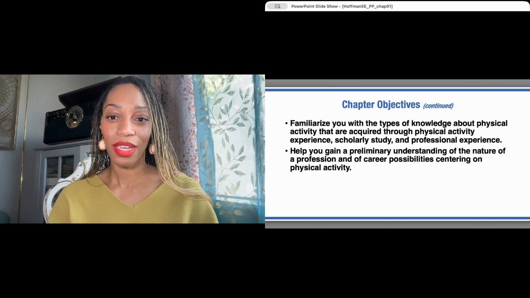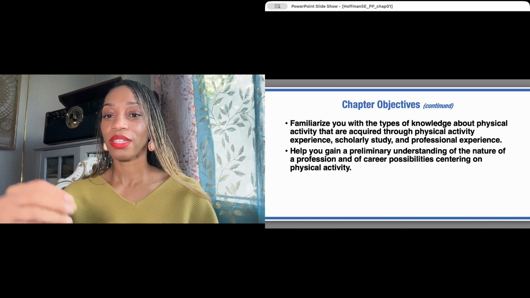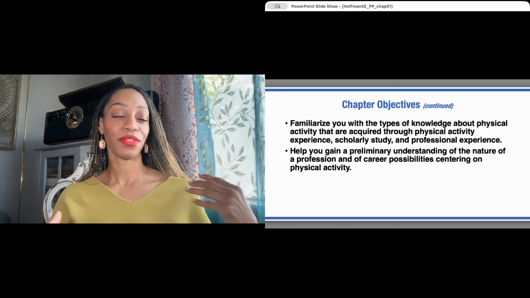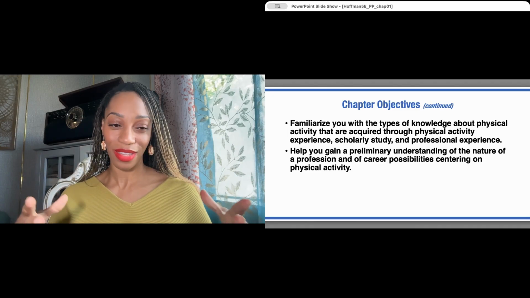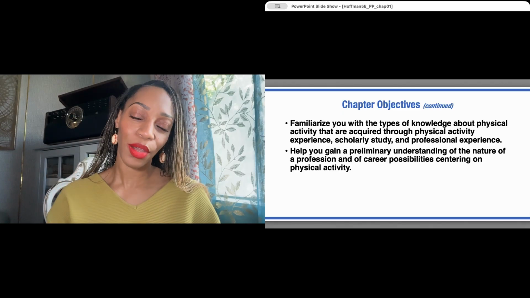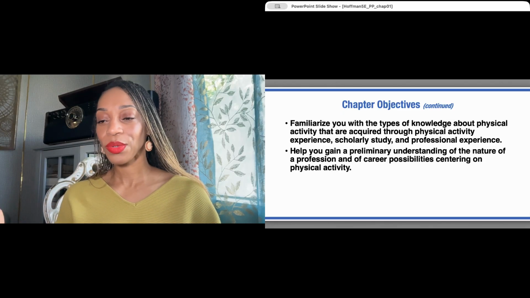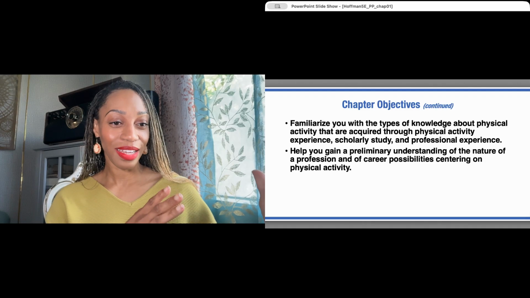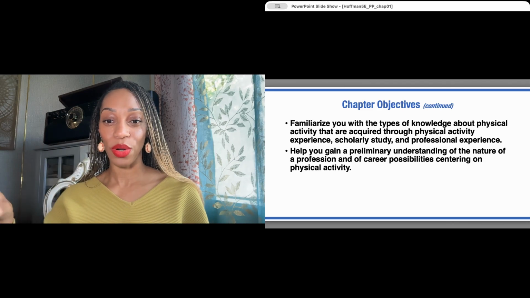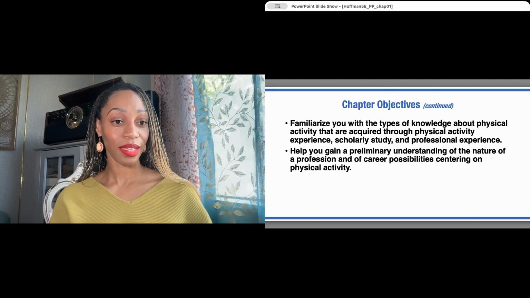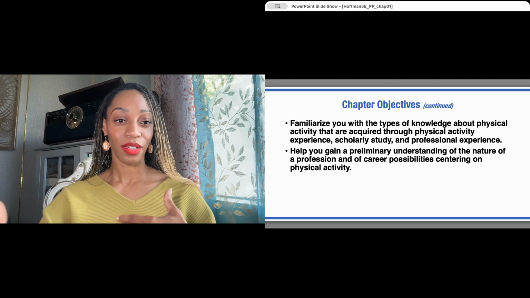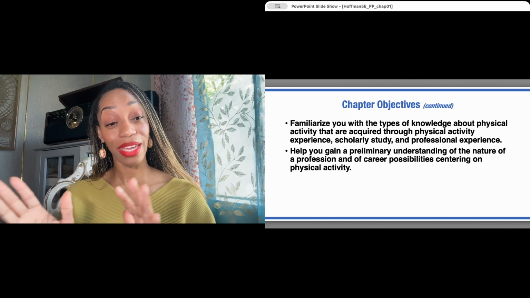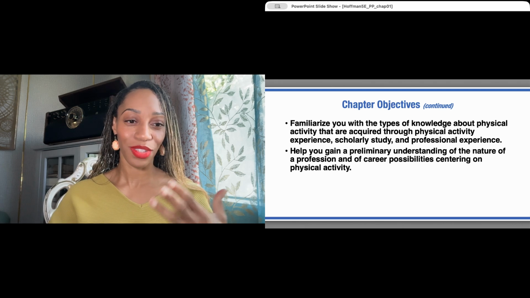Our next objective is getting you guys familiar with the different types of knowledge about what this field encompasses. There are some different spheres and categories that we'll put everything into, and then how you acquire that information. And generally, you get this information through your own experiences, the things that you've done on the playground, the things that you've done in sports, the ways that you study, so your scholarly knowledge, your research, and then also your professional experience, which many of you may not have, and that's okay because you're just getting started.